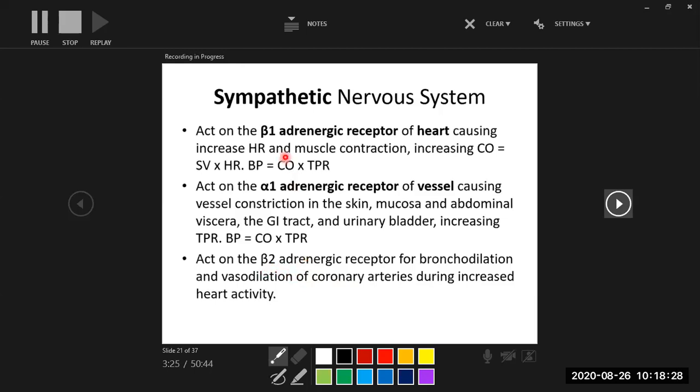So these three are the quiz question. Beta-1 in the heart, alpha-1 in the vessel causing vasoconstriction, and beta-2 causing bronchodilation and coronary artery dilation. That's the thing you need to know from this lecture.